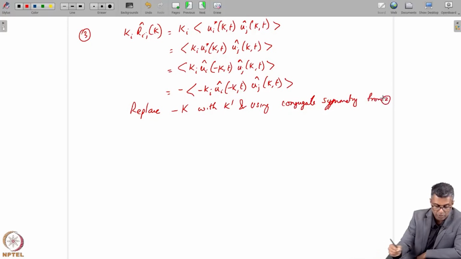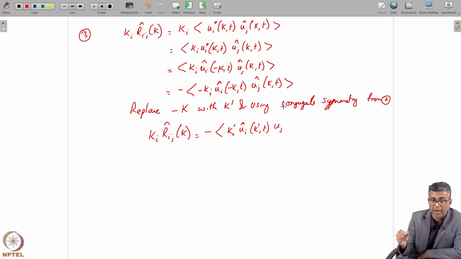from 2, what do I get? I get this: kappa i Rij hat of kappa would be equal to minus of, here is what happens. I will have kappa i prime because I'm replacing minus kappa with kappa prime. So it's a new wave number, that's all. So then I'll have ui hat of kappa prime comma t, and then uj. Now what is happening is I'm replacing kappa with minus kappa.